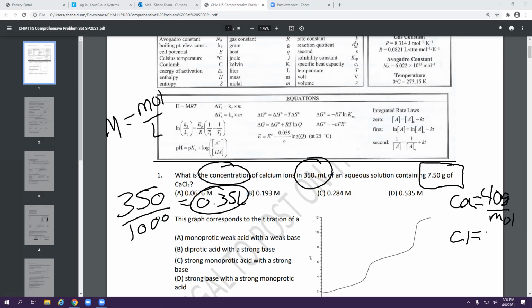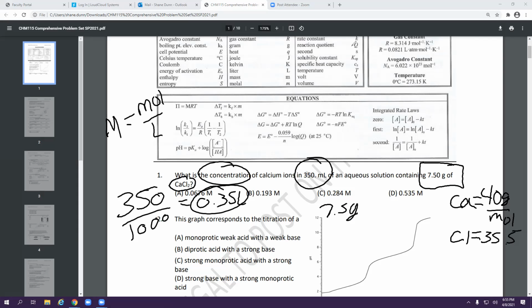Chlorine weighs about 35.5. You're going to double it. You're not going to square it. We never hit the square button in Chem 113. 111? You sure? Yes, it is. So the molar mass of calcium chloride is 111 grams per mole.